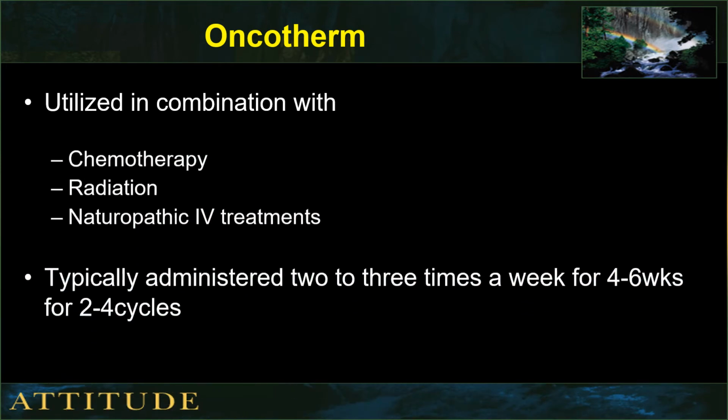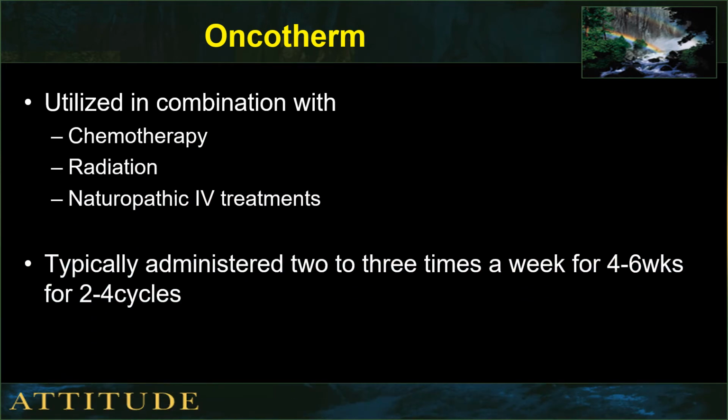So again, Oncotherm is utilized in combination with chemotherapy, with radiation, with naturopathic alternative IV treatments. Typically it's administered anywhere from 2 to 3 times a week for 4 to 6 weeks. That would constitute one cycle, and you're looking at trying to get anywhere from 2 to 4 cycles of this.